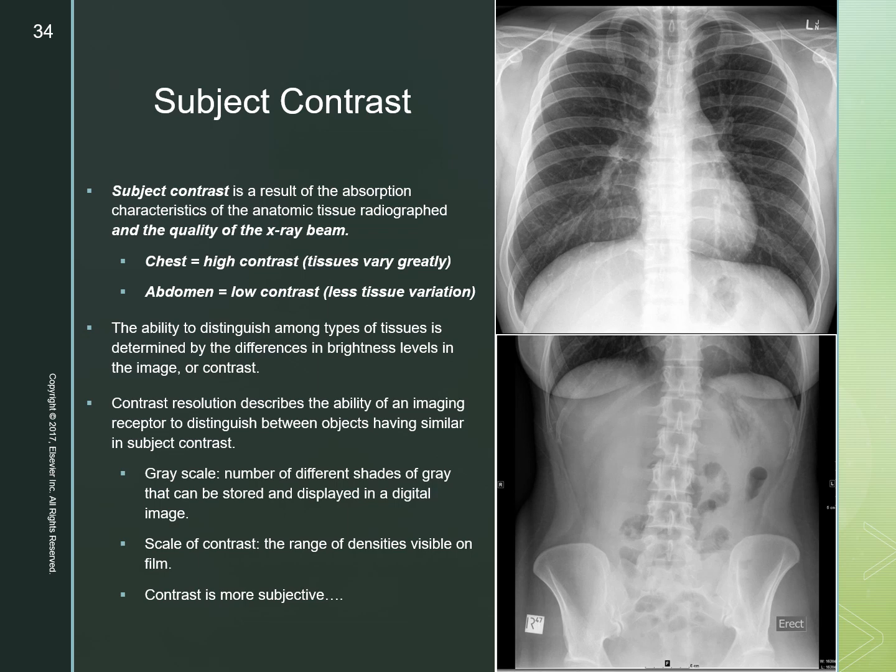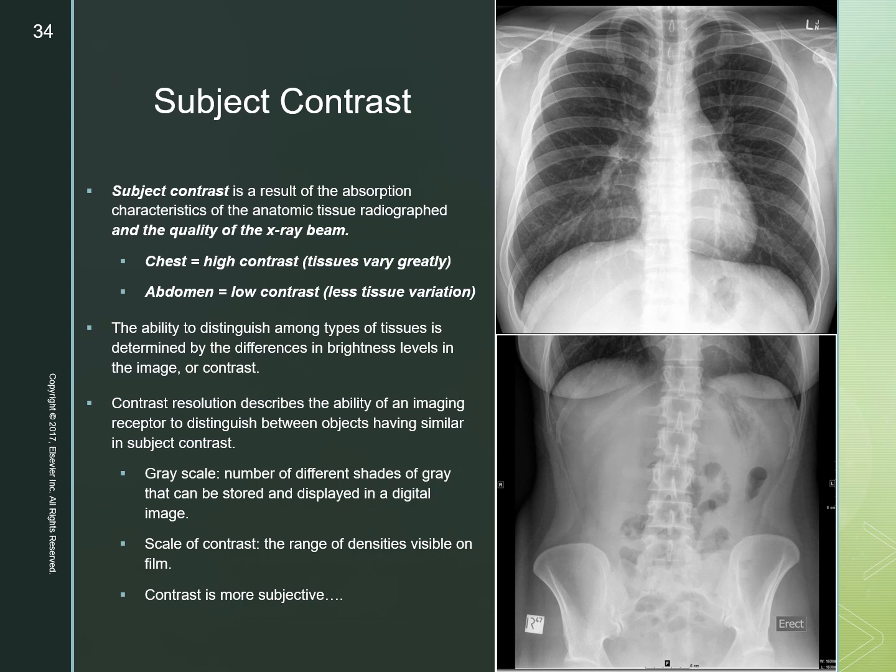Here in this abdomen, this is a much lower range of contrast because the atomic number, the tissue thickness, and the density of the tissues are all going to be much more similar, and therefore they're going to attenuate much more similarly. So this would have a lower subject contrast.